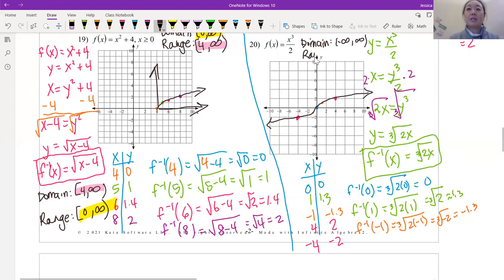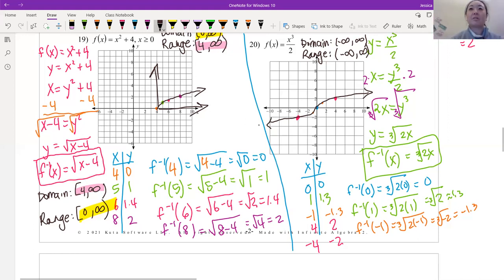The range is going to be, well, what about the y? If x is a really big number, cube it and then divide by 2, it's still going to be a big number. So this is going to be the same thing. And if you look at the graph of the inverse, if you flip it over, it slightly tilts up and slightly tilts right.